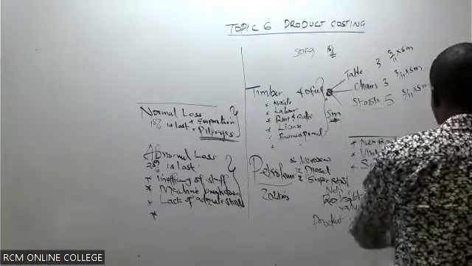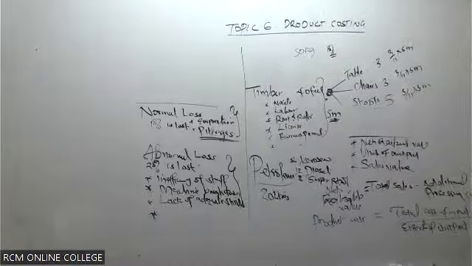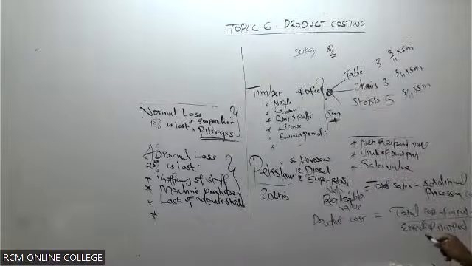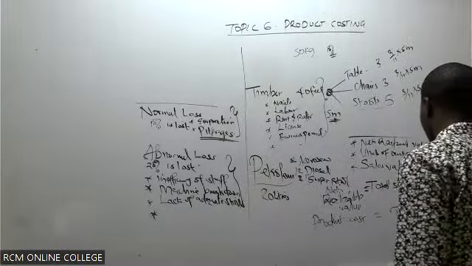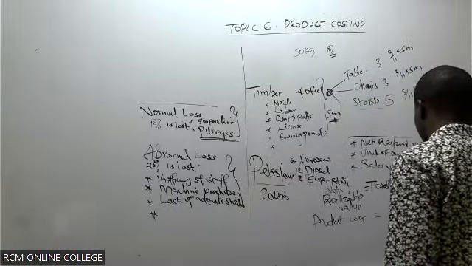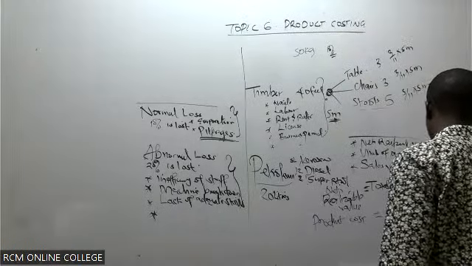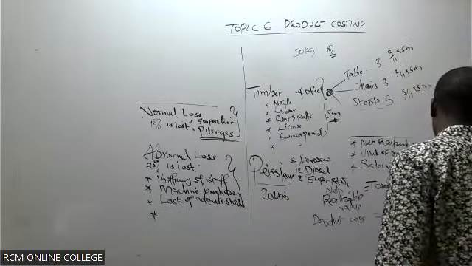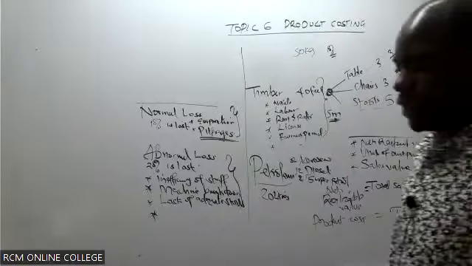So from the total input cost, we have to deduct the scrap value of normal loss. And expected output will basically be total input units less normal loss.